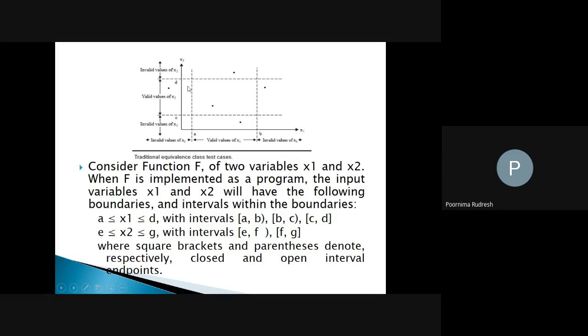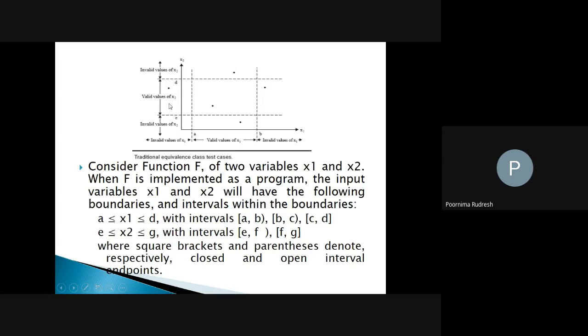So here, as I said, we have two variables x1 and x2, where x1 is ranging from a to b, and x2 is ranging from c to d. Whatever test cases we consider within this range are the valid inputs, and others are invalid values. Check this here.